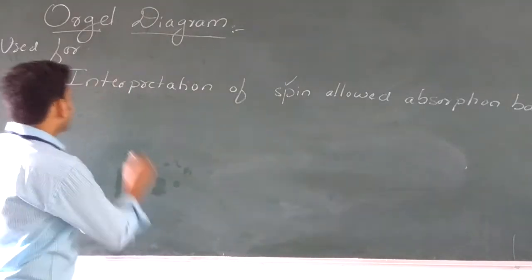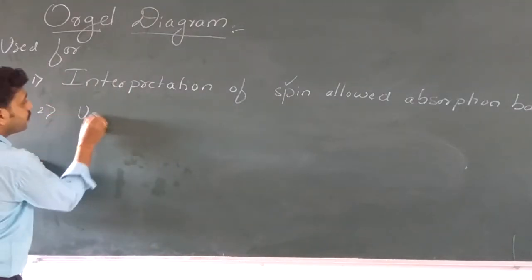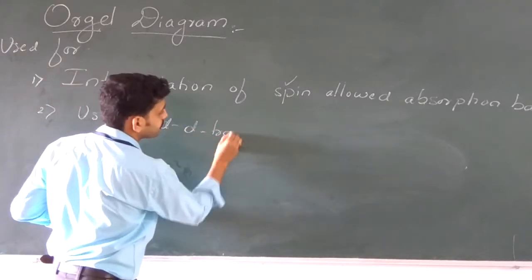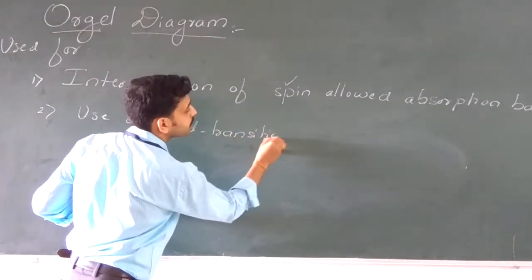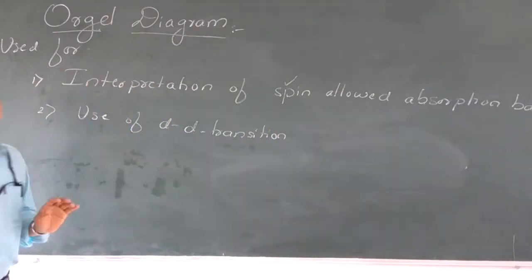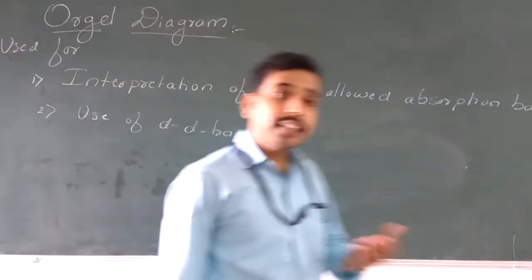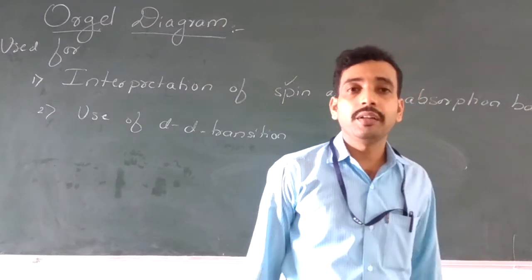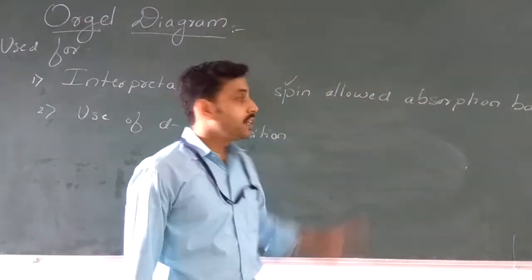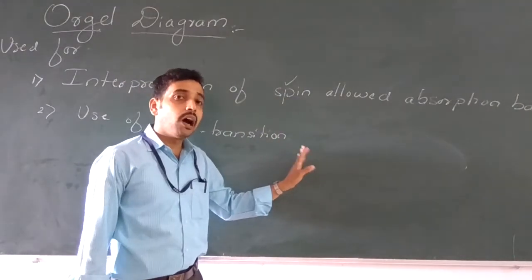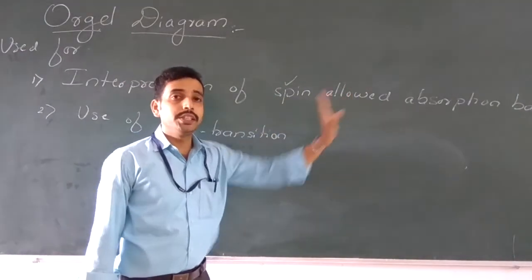Then the second point is the use of d-d transitions of octahedral as well as tetrahedral geometry. All d-d transitions are spin allowed transitions.